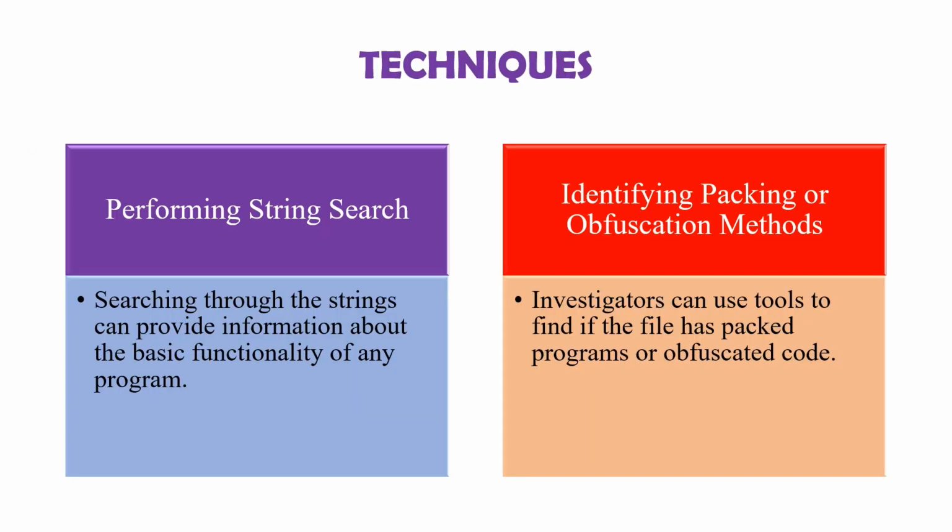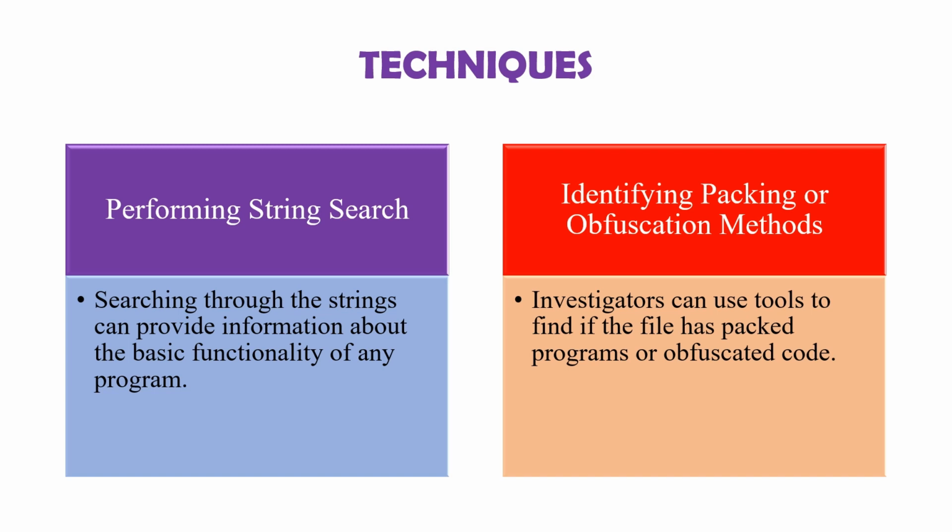Next technique is performing string search. Basically, strings communicate some information. So searching through strings can provide information about basic functions of any program. And during malware analysis, common strings are searched that could determine harmful actions of a malware.